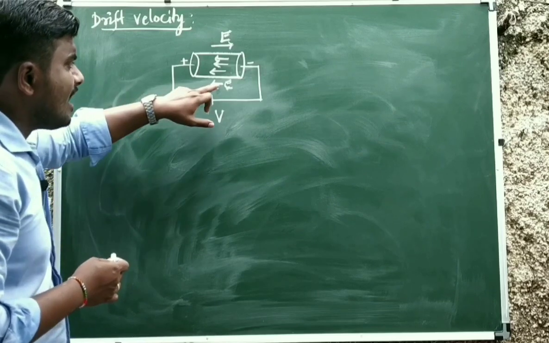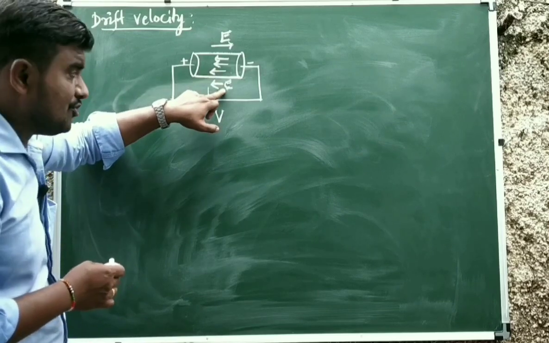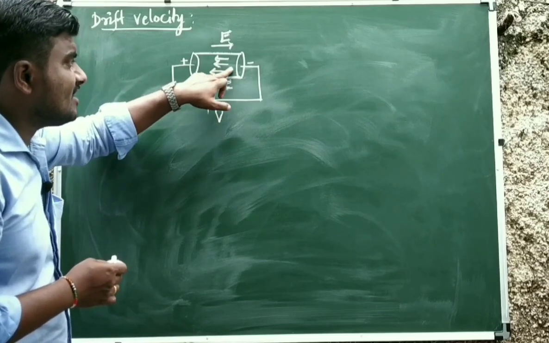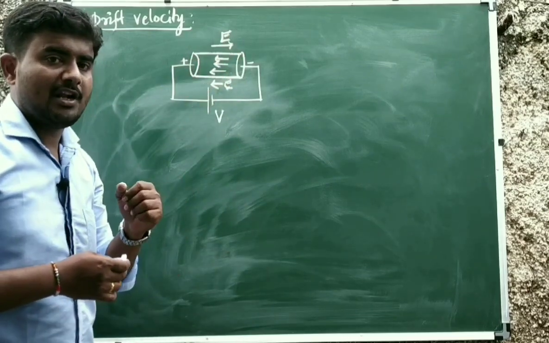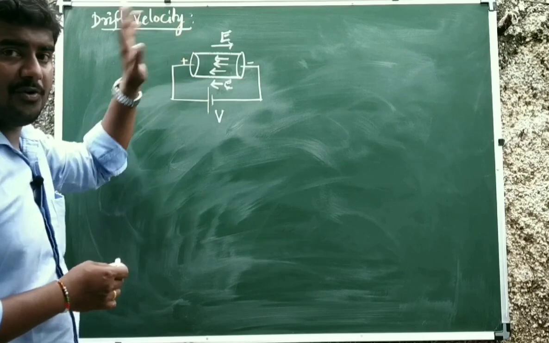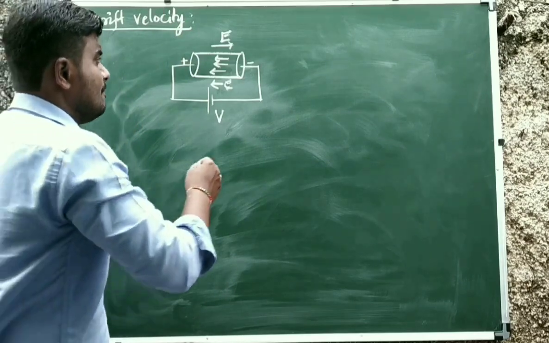And the velocity with which these free electrons inside the conductor are drifting in a direction opposite to the electric field is called what? Drift velocity. Very simple definition.